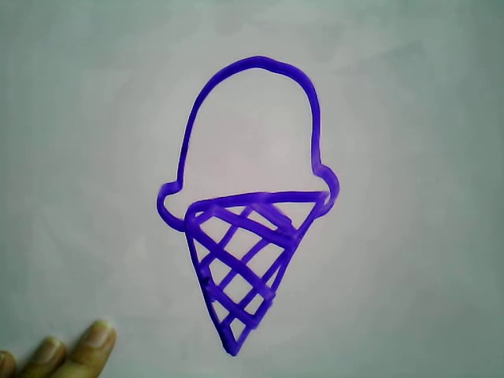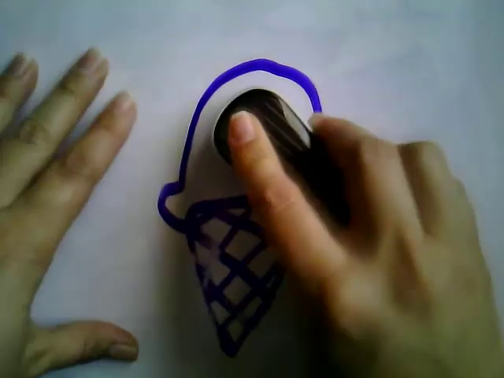I'm going to try doing the soccer ball example now. So the soccer ball looks like a circle, right? So I'm going to start by doing the outline.